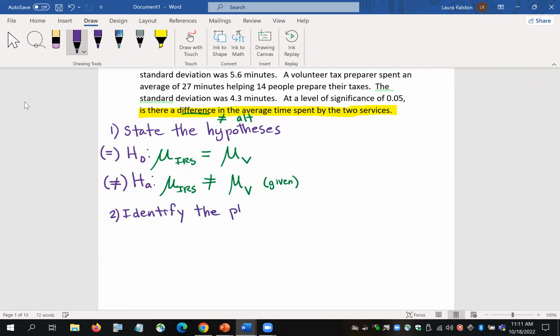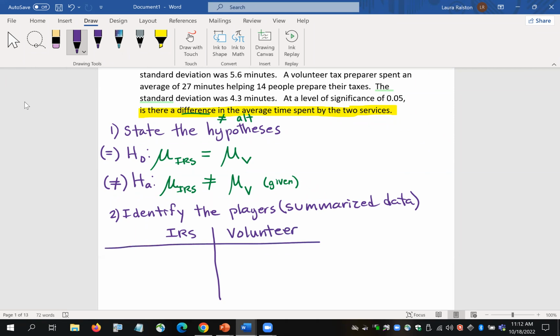In this particular scenario, we are given the summarized data, because in the first couple of sentences, it gives us information about the IRS. And then in the next couple of sentences, it gives us information about the volunteer tax preparer.